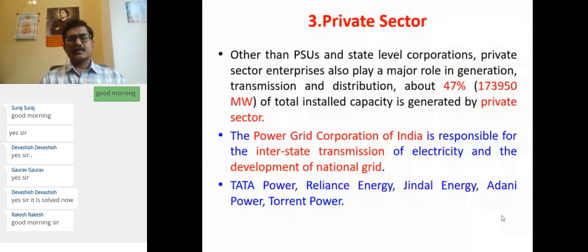So the efforts made by the state government and the central government may not be sufficient. You may face a lack of power or non-availability of electricity, specifically in rural areas, which are majorly dependent upon agriculture for their livelihood.